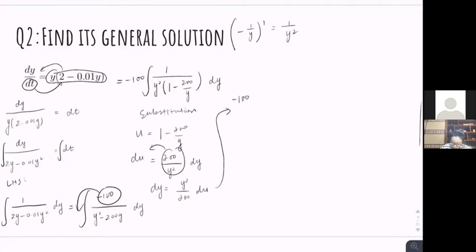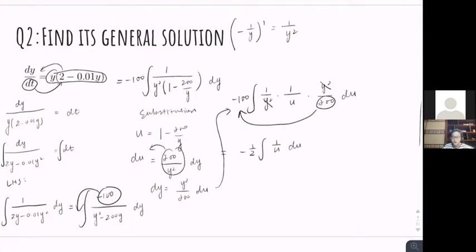Then I substitute it back, I will get negative 100 times the integral of 1 over y squared times 1 over u times y squared over 200 times du. Then these two y squared cancel out, and I can put the 1 over 200 out. Then I will get negative 1/2 times the integral of 1 over u du.